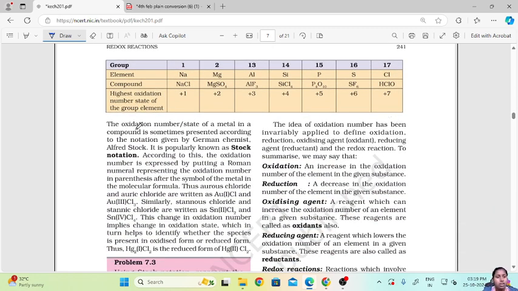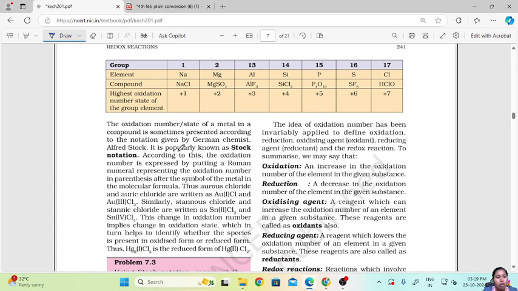Now, the oxidation number or state of a metal in a compound is sometimes presented according to the notation given by the German chemist Alfred Stock. It is popularly known as Stock notation.